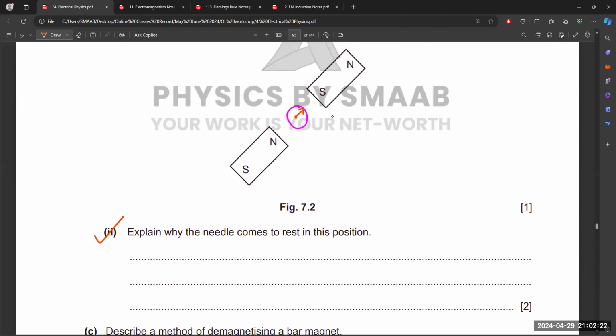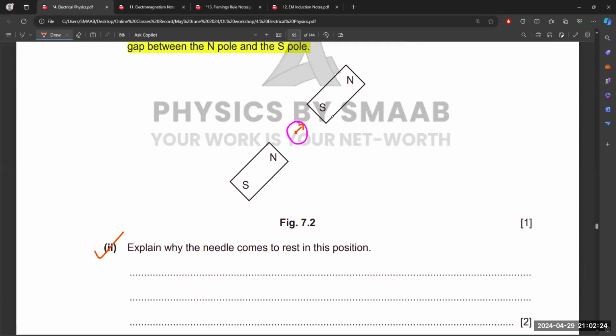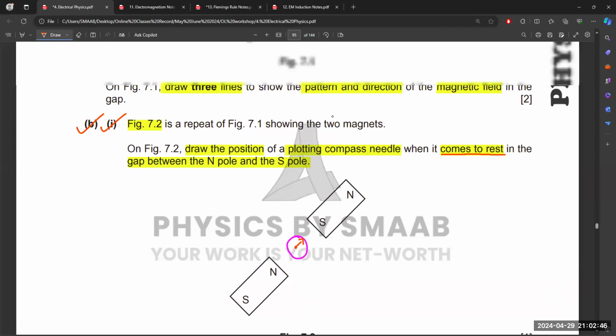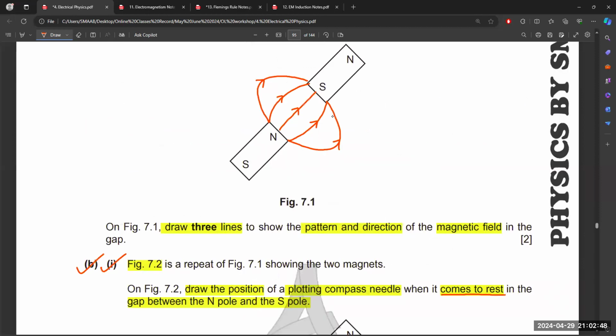Now explain why the needle comes to rest in this position. We know that in the compass, we have a needle with a north pole. That north pole is attracted by the south pole. So that's why it comes to rest. In any other direction, there are curved field lines.